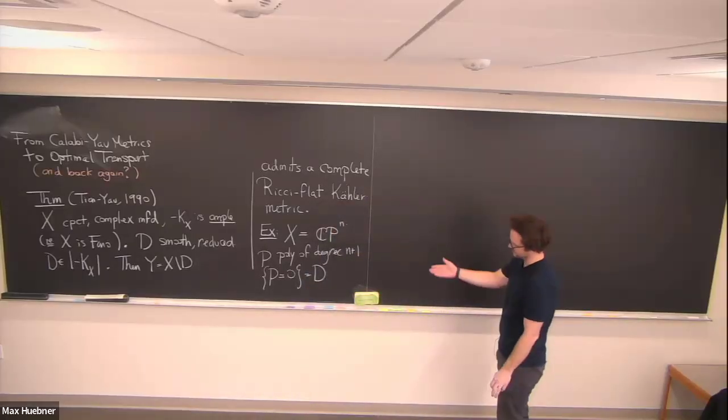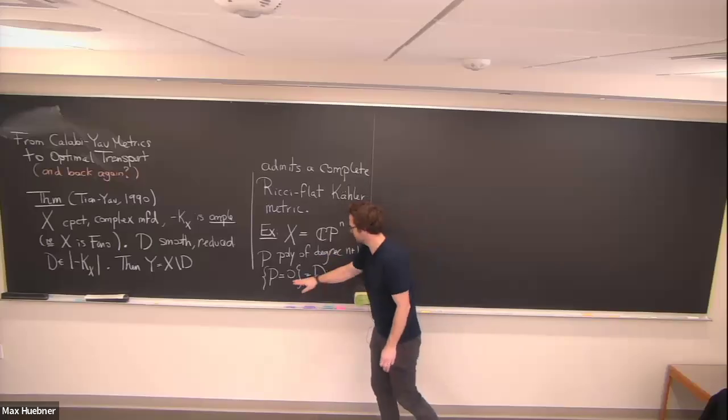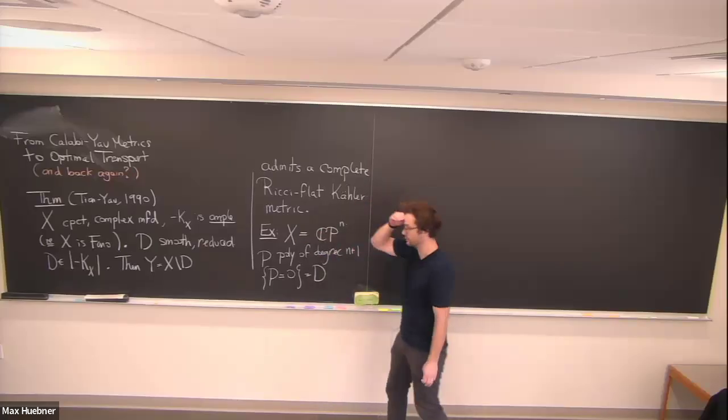You can look at the complement of the zero set of this polynomial inside of CP^n, and that admits a complete Ricci-flat metric.